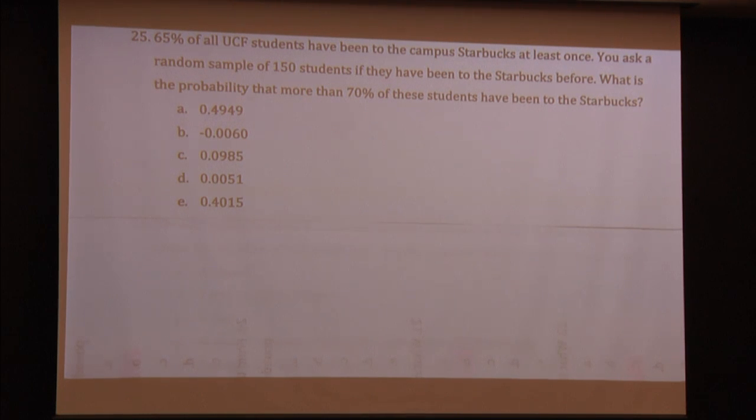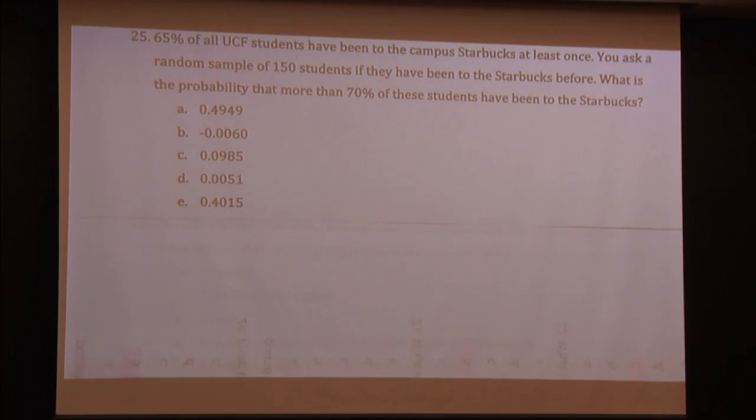So for this one, we're going to look at a proportion rather than a mean. The problem says 65% of all UCF students have been to the campus Starbucks at least once. So you take a sample of just 150 of those students and ask them, have they been to a Starbucks before?